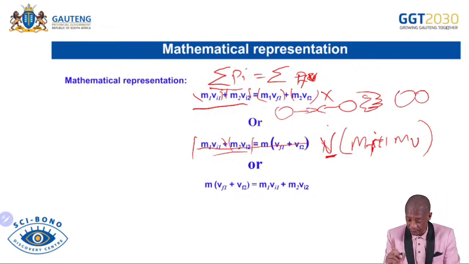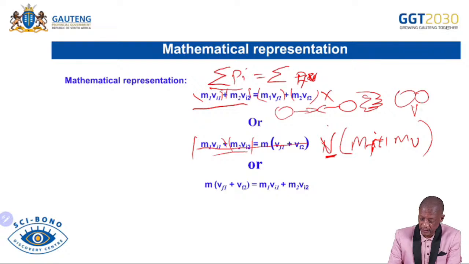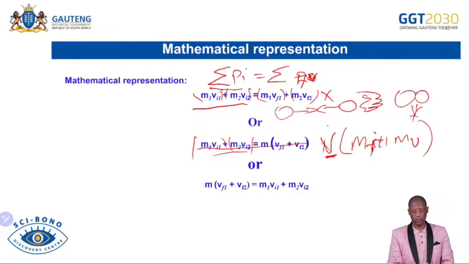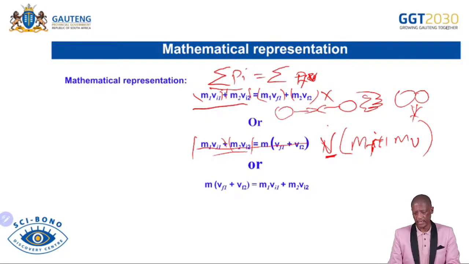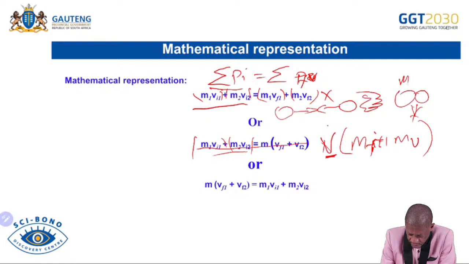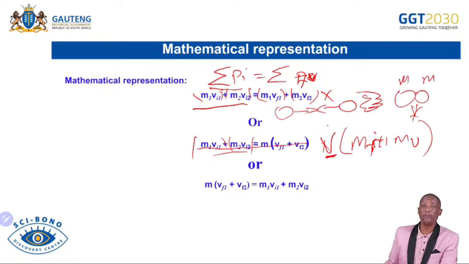They are moving off together, so they are moving with a common final velocity. This is final V, because we don't know whether they are moving to the right or to the left. However, this object has its own mass and this one has its own mass.